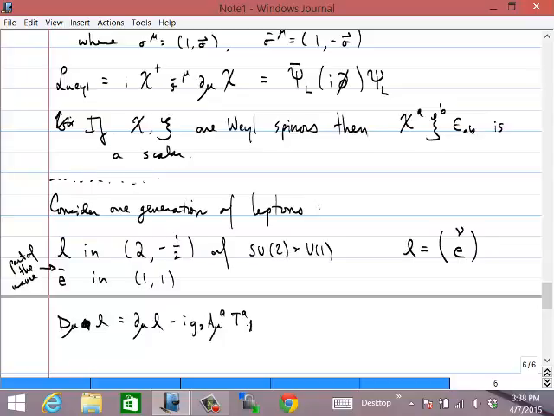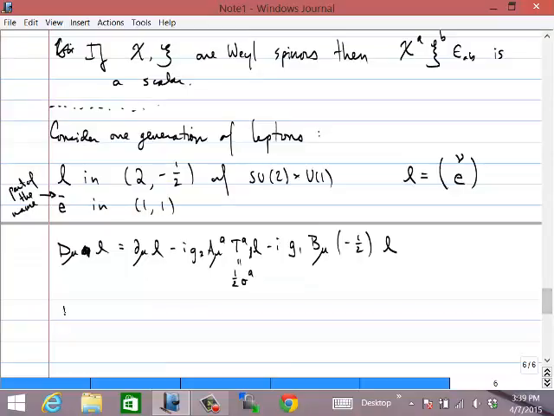So these T A's, of course, are again 1/2 sigma A, those Pauli matrices, minus i g1 times B mu times the hypercharge of the lepton field, minus 1/2, times L, where L is some doublet.